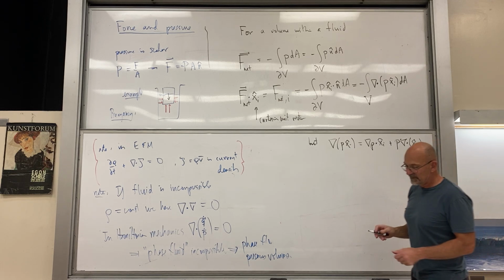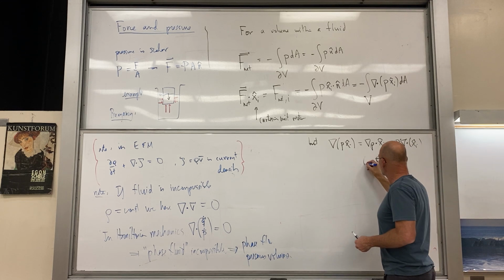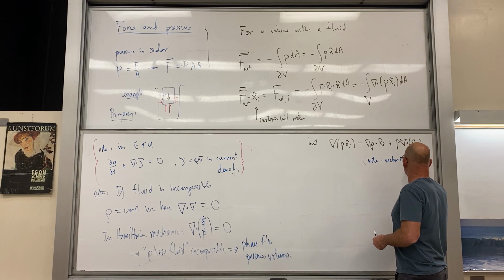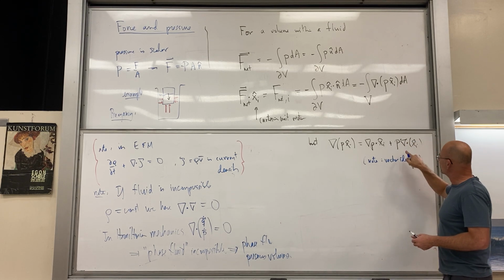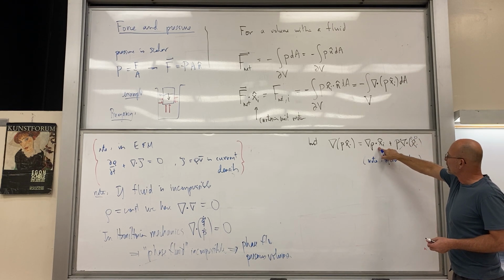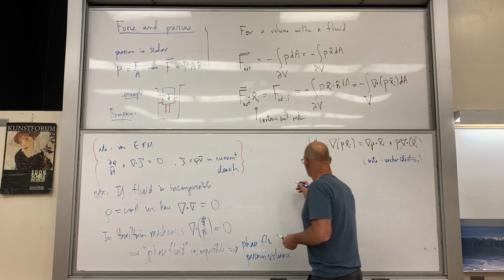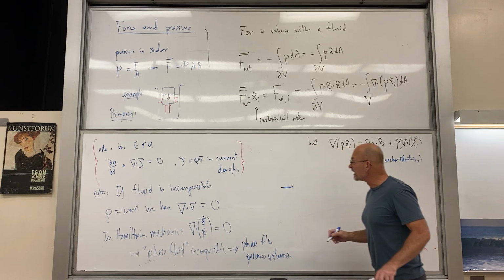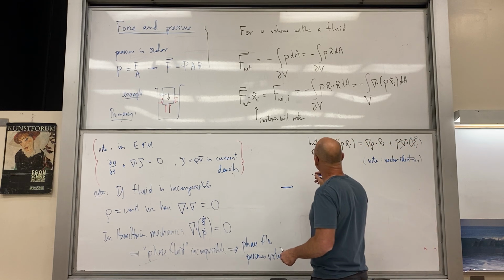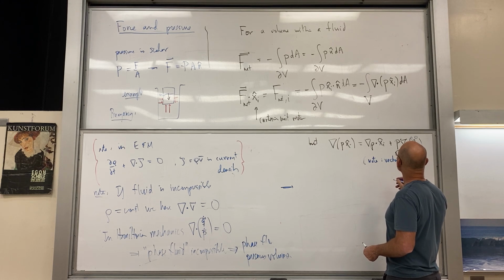That's a vector identity here. But the divergence of a constant vector is equal to 0. So we're going to end up with just gradient of P dot xi. So that's what remains in here over the volume. Good.